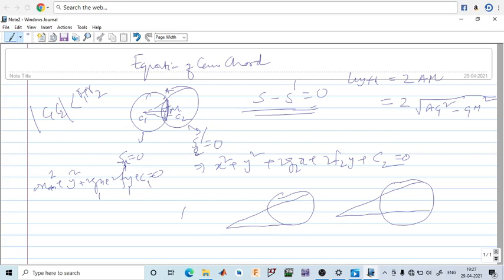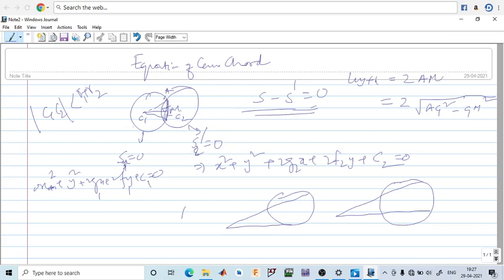So don't be confused with that. I have told about the power of a point, so don't be confused. Even I got confused at this moment. So this part you need to focus more, because it's a conceptual part, right?